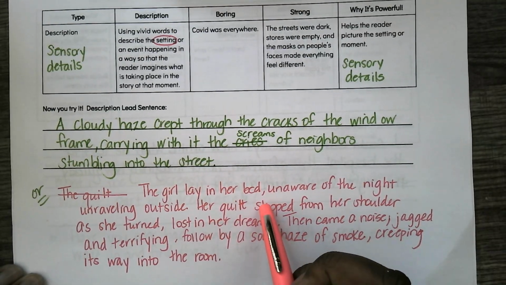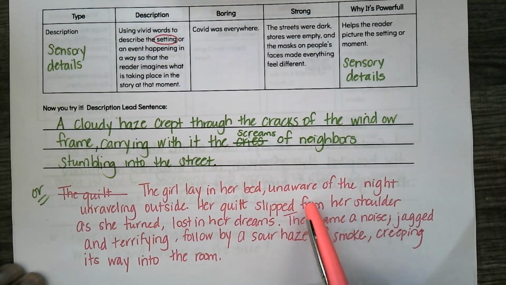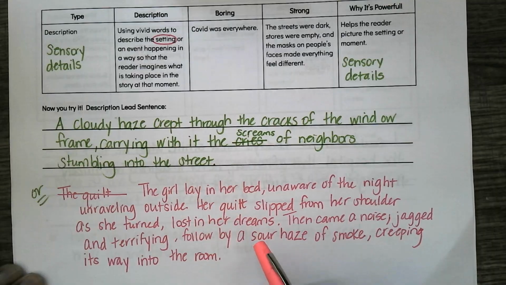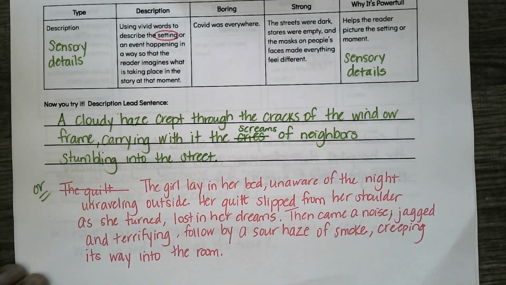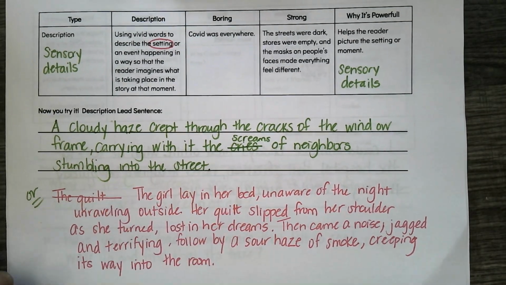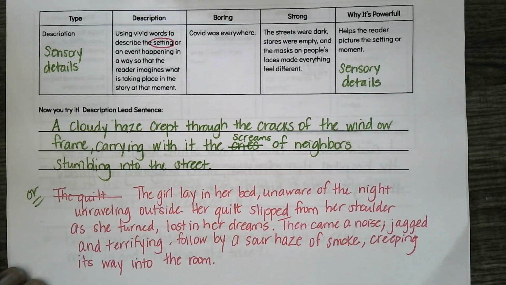"The girl lay in her bed, unaware of the night unraveling outside. Her quilt slipped from under her shoulder as she turned, lost in her dreams. Then came a noise, jagged and terrifying, followed by a sour haze of smoke creeping its way into the room." So hopefully with both of these, I was able to write it in a way where, if you were to close your eyes, you could visualize what you're seeing and what you might have been hearing.